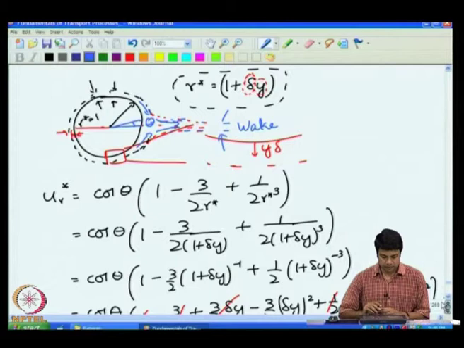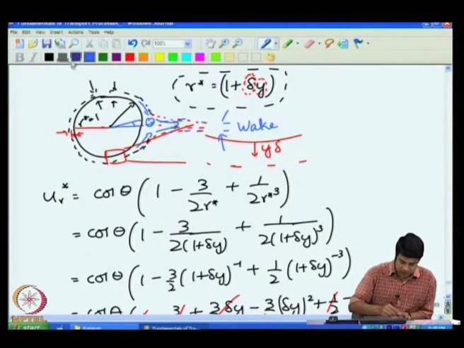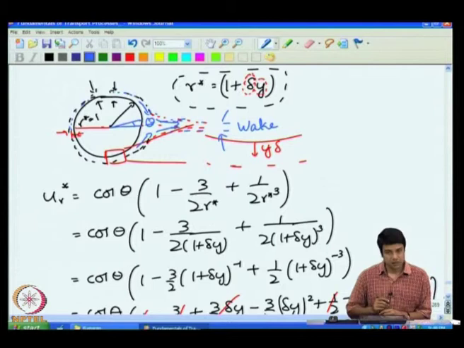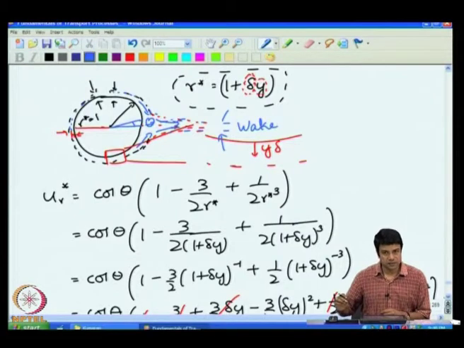As I explained in the previous lecture, this boundary layer thickness is finite at the upstream stagnation point. However, as you go downstream, h diverges, it goes to infinity. H goes to infinity at the downstream stagnation point.